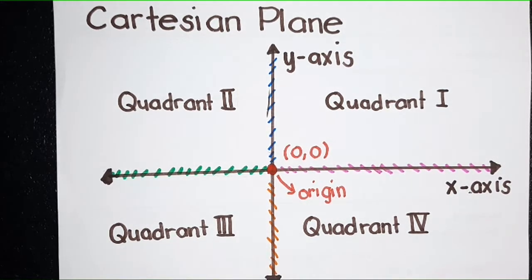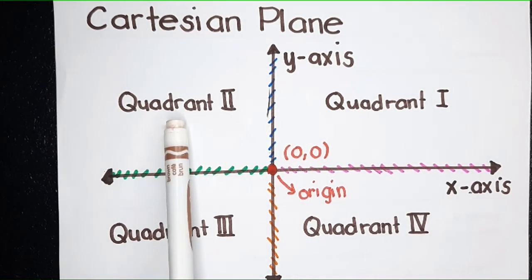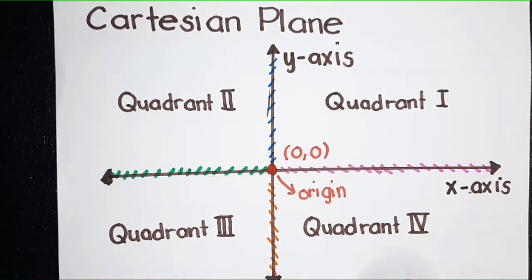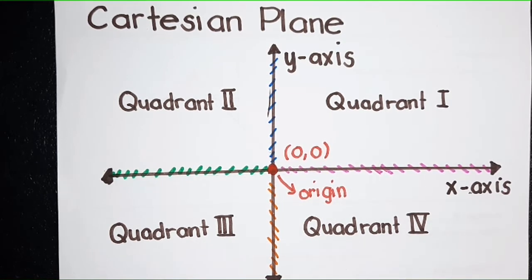Also, on this Cartesian plane, we have 4 quadrants. So, hindi pwedeng magkapalit-palit ang name ng quadrant na ito. Ito ang quadrant 1, this is quadrant 2, this is quadrant 3, this is quadrant 4. In that order, in that position, bawal magkapalit-palit.